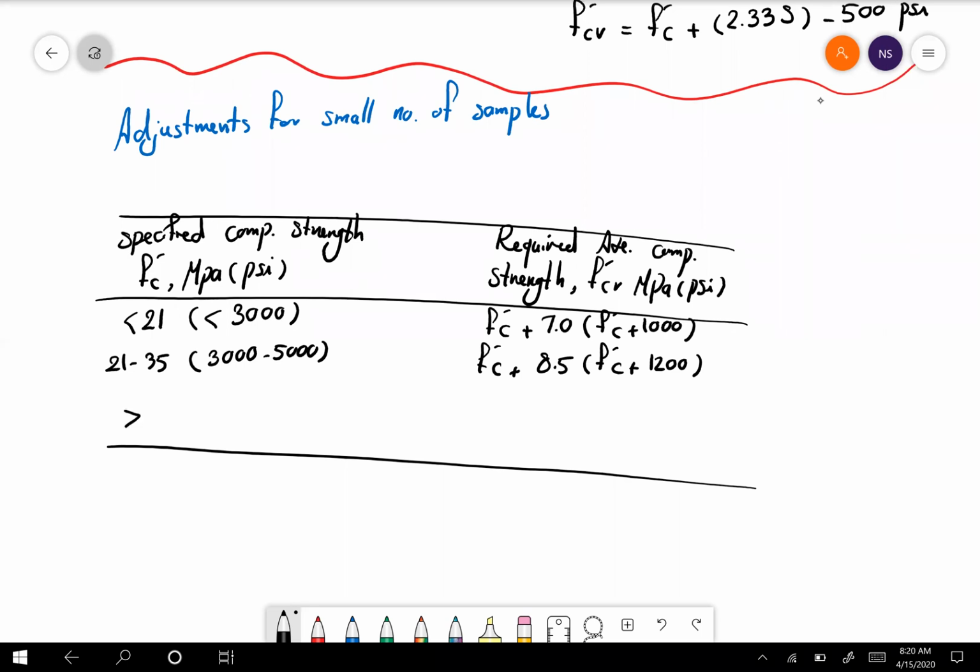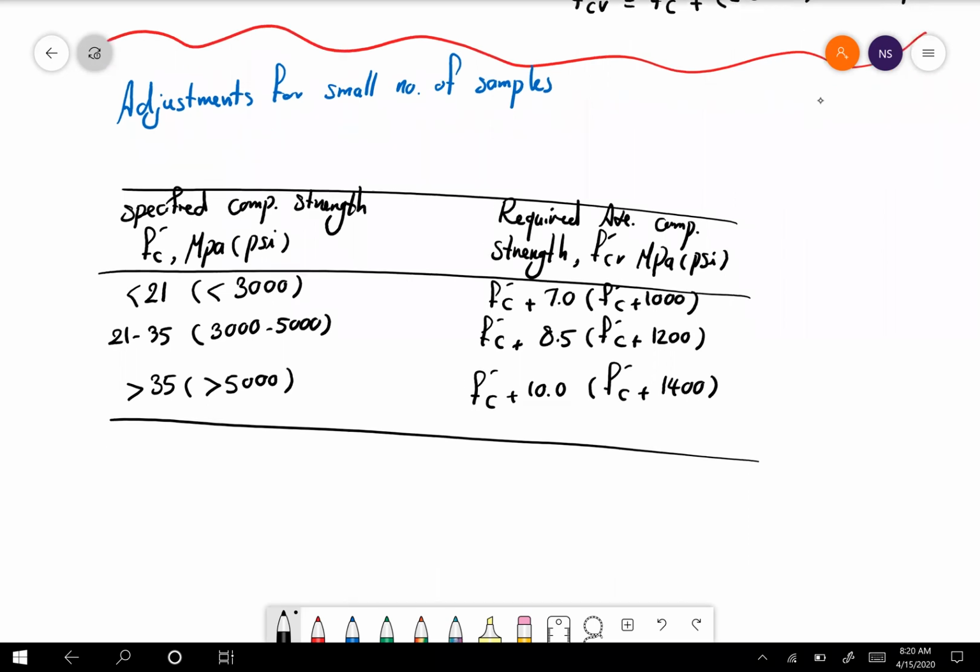And if we have greater than 35 or greater than 5,000, then we have F prime C plus 10, that's in megapascal, or F prime C plus 1400, that's in PSI, right?